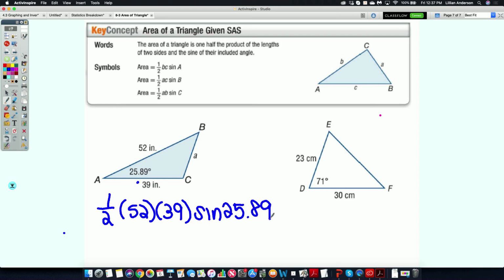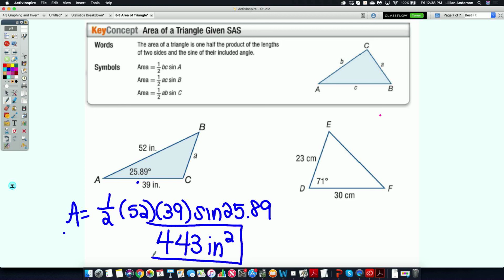I just type that in and I find the area of this first blue shaded triangle. So 443 inches squared. Don't forget to square your units.